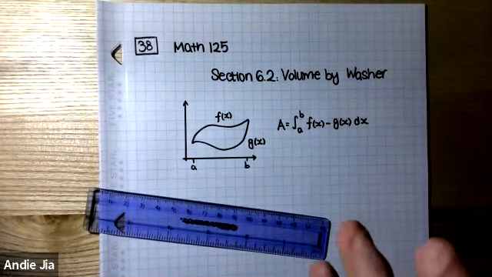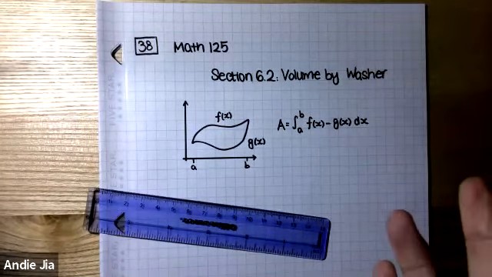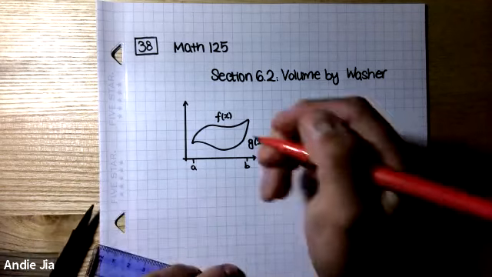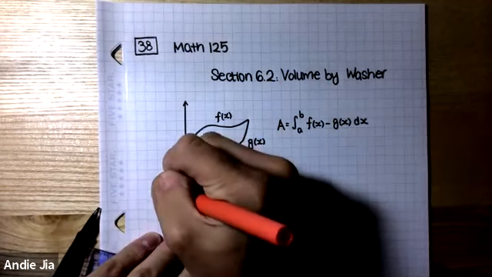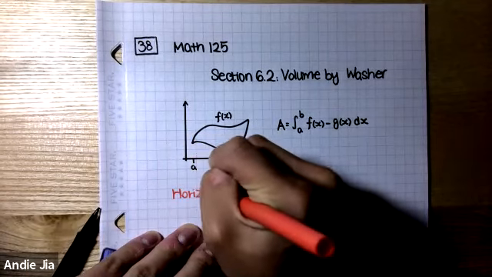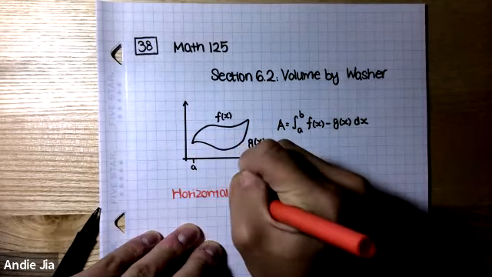How we find the volume by washer is that we make a solid of revolution about a horizontal axis, the axis of rotation.